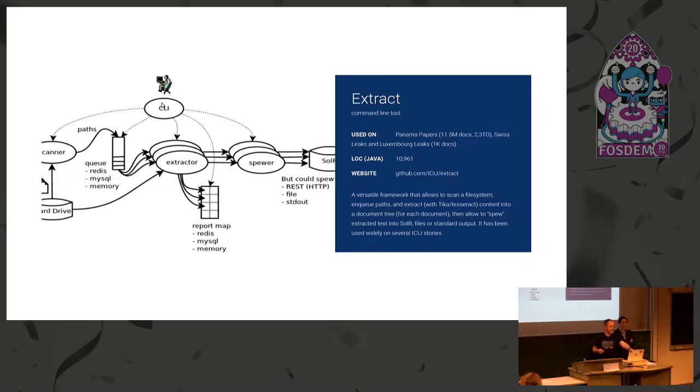Then it sends the text to a spewer that outputs the text into several outputs like a REST service, a file or stdout. With Extract, most of the time we used Solr. That was the index used at the time, and that was one of the problems we were facing, and we will talk about this later.